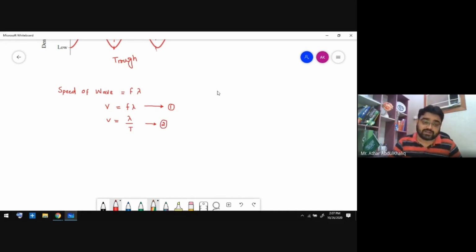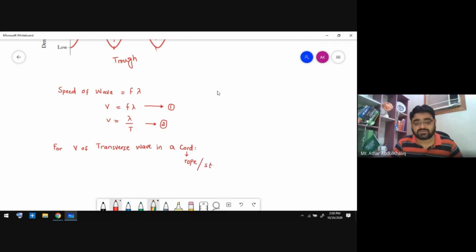But if we are particularly talking about a transverse wave in a cord, it has a different formula for speed. What do you mean by cord? A cord can be a rope or a string.